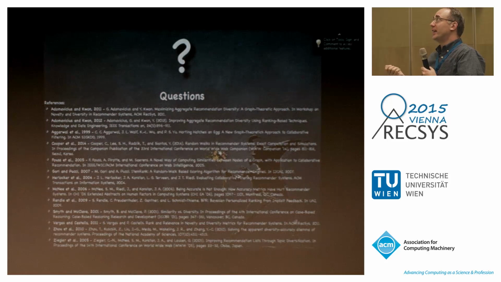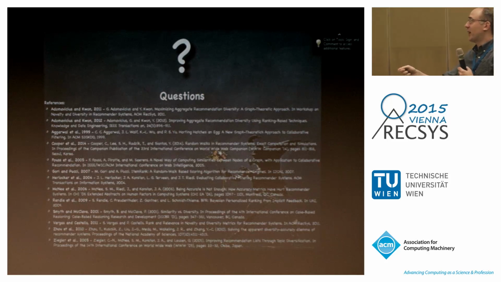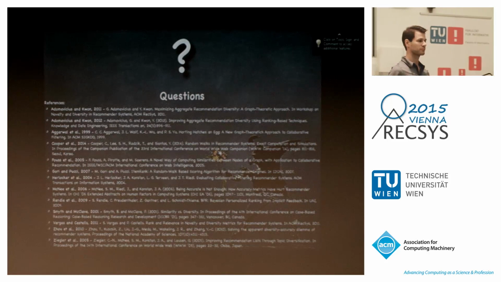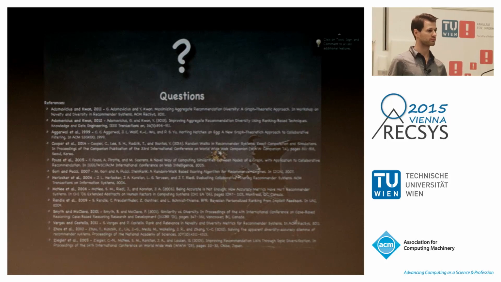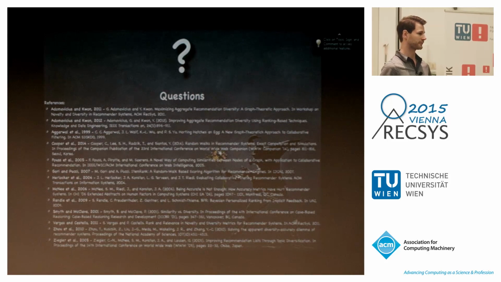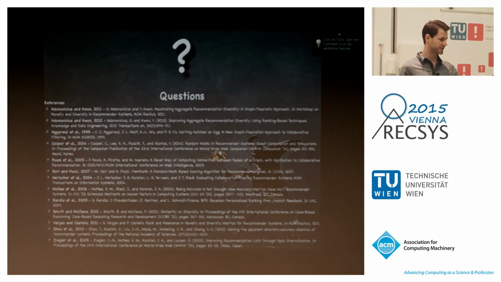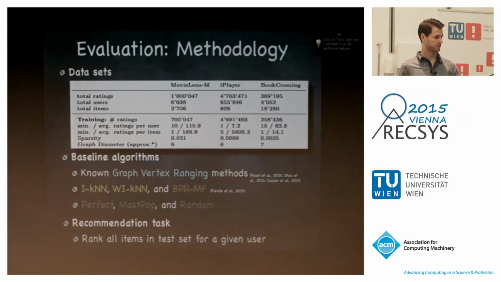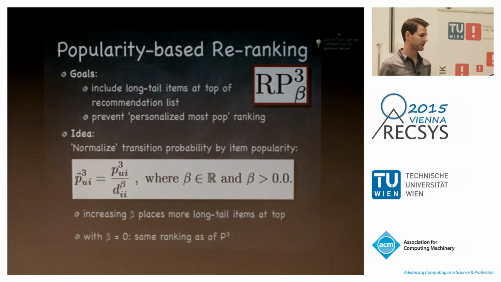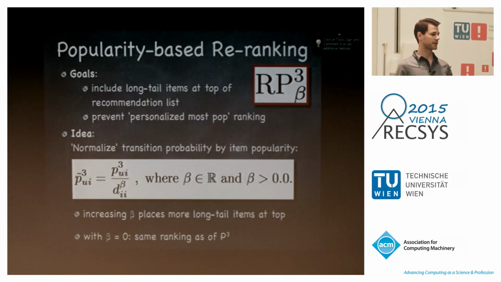So is there an easy way to have certain parameters that allows users to, on a personal, individual level, adjust the long tail item frequency? Yes, that's basically this beta parameter. So if we increase beta, the frequency of long tail items gets increased.